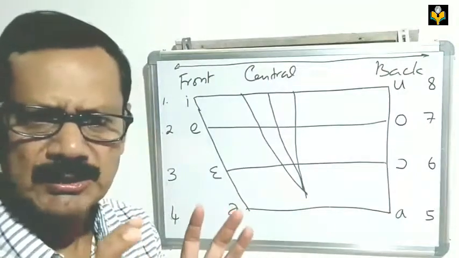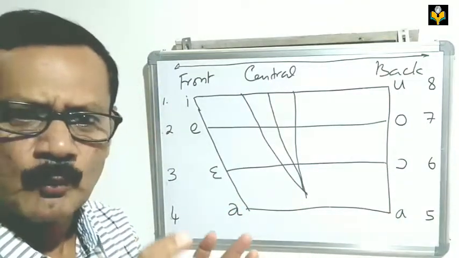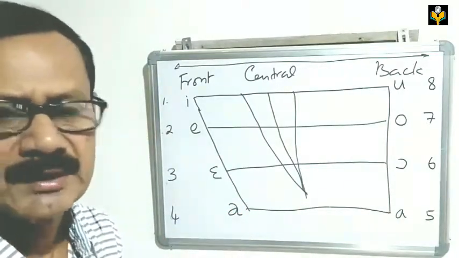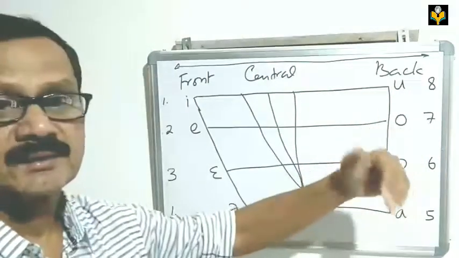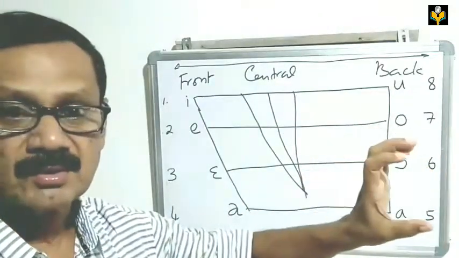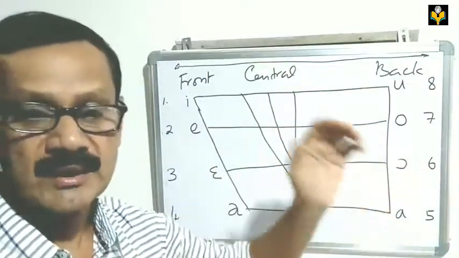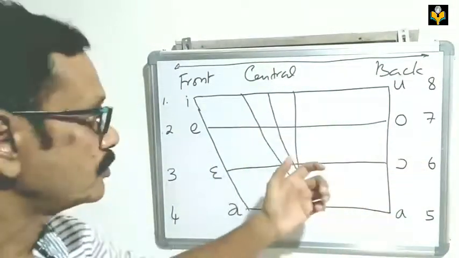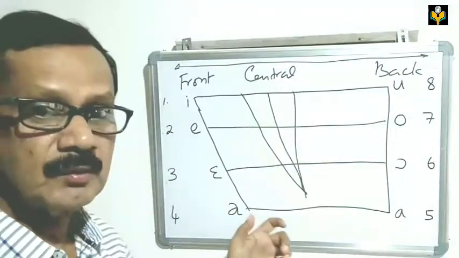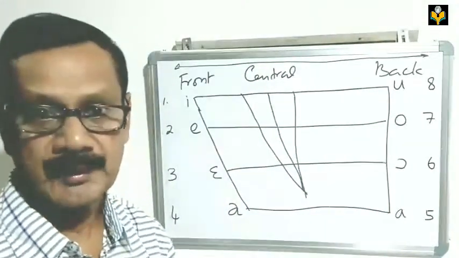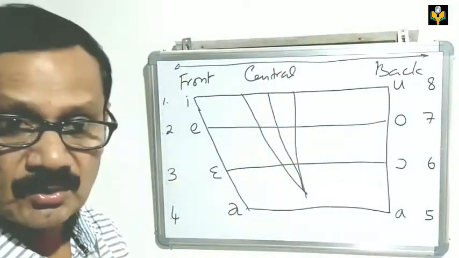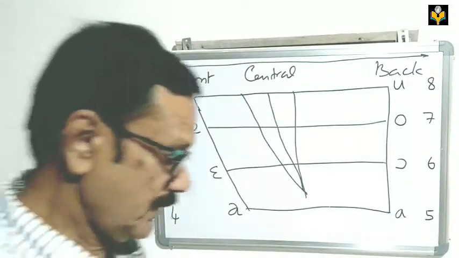So don't mention the term voiced. But we can have other terms: front vowel, back vowel or central vowel, half close, half open, open, close, and rounded or unrounded.